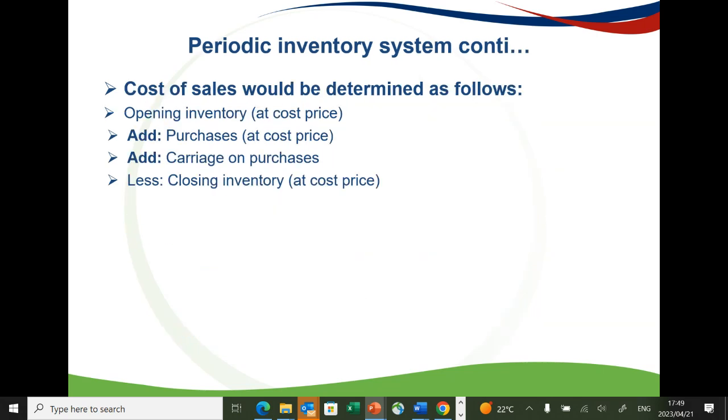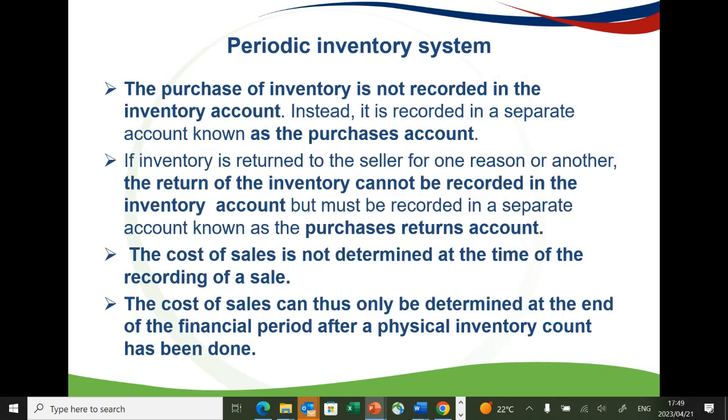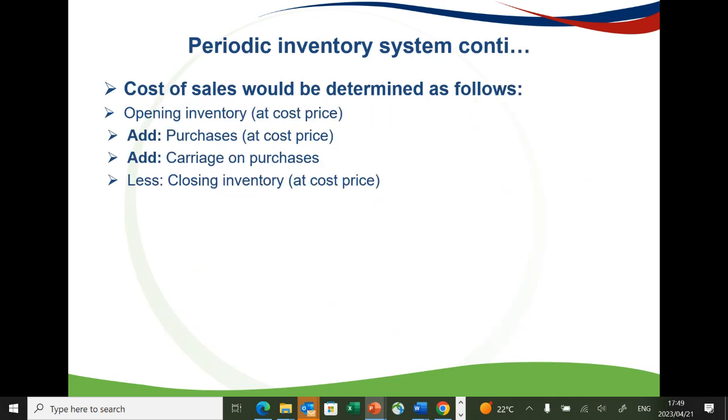So under periodic inventory system, how do we determine the cost of sales? Remember, you were told on the previous slide that the cost of sales can only be determined after we have done the physical inventory count at year end. So for us to determine the cost of sales, we will need what? The opening balance at cost price. What inventory did we open with?